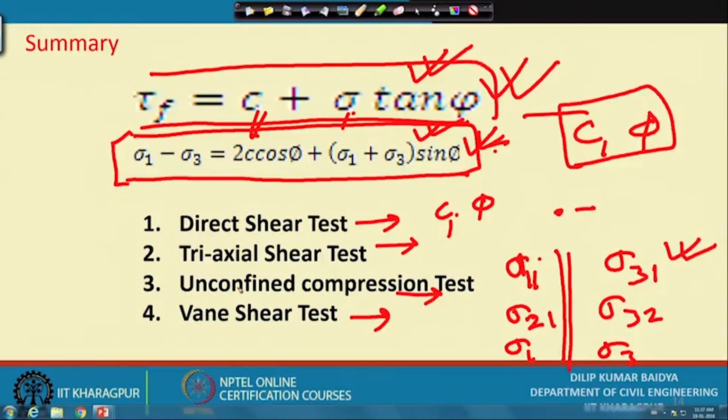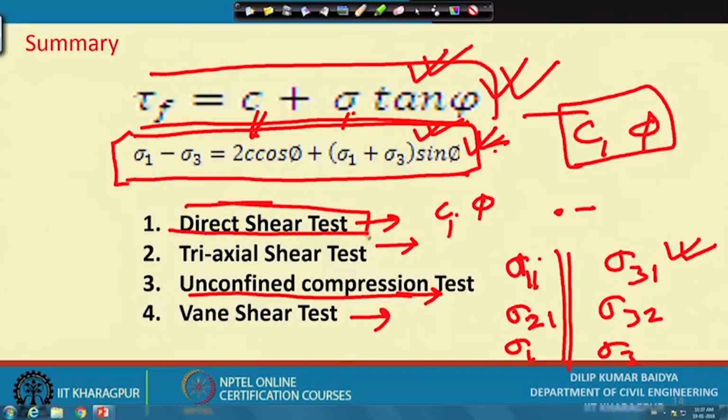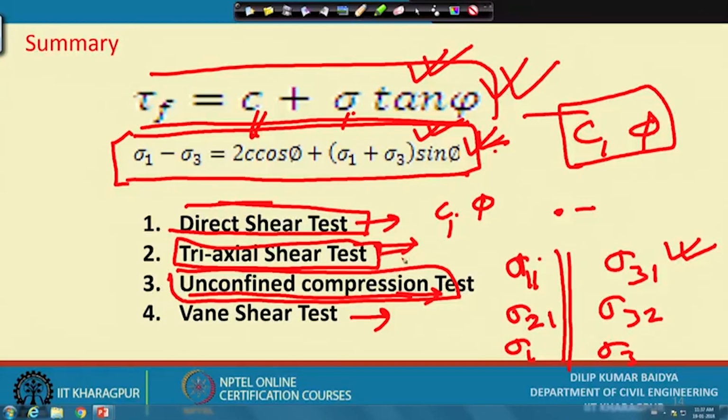Direct shear test and unconfined compression test are very quick, and we can assess the value quickly. Generally for cohesionless soil we use the direct shear test, and for cohesive soil we do the unconfined compression test, and for any type of c-phi soil and to simulate different field conditions we generally conduct the triaxial test.